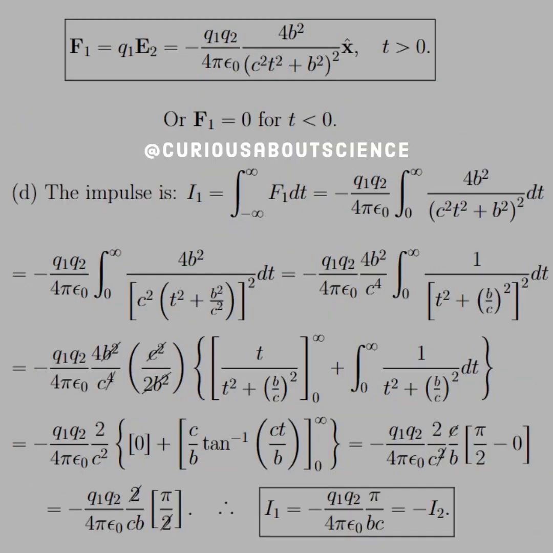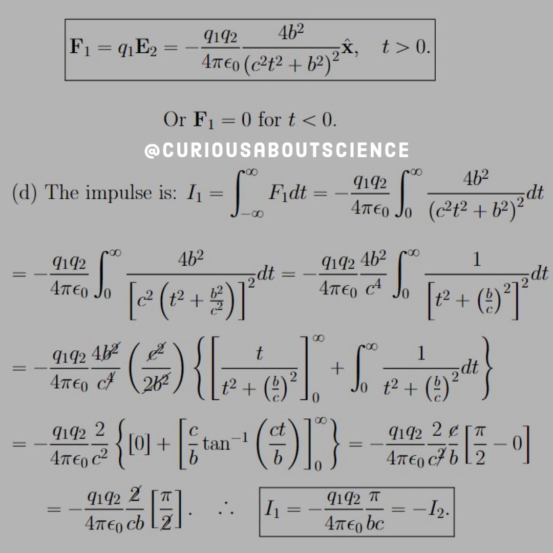And after all of that, what we see is that the force is equal to Q1 E2, which is equal to negative Q1 Q2 over 4 pi epsilon naught, times 4b squared over (c squared t squared plus b squared) all squared, in the x direction for t greater than 0. And of course, if t is less than 0, then F is 0.